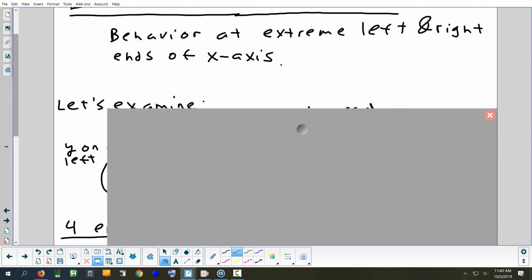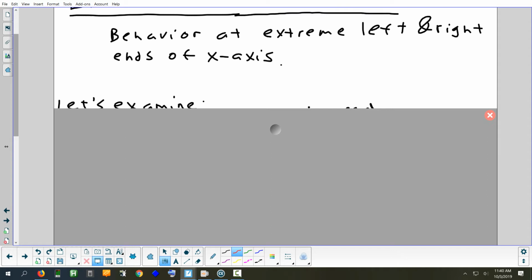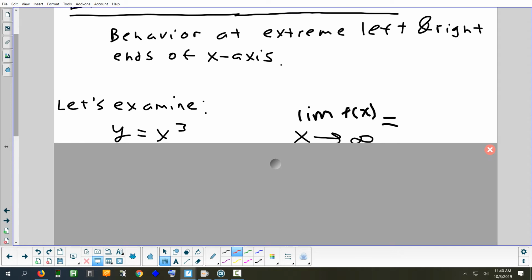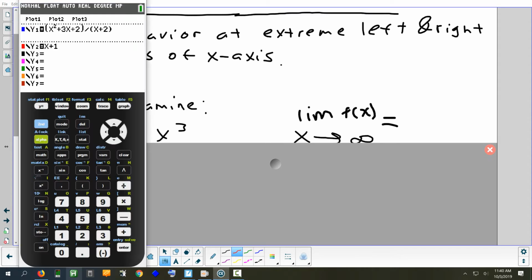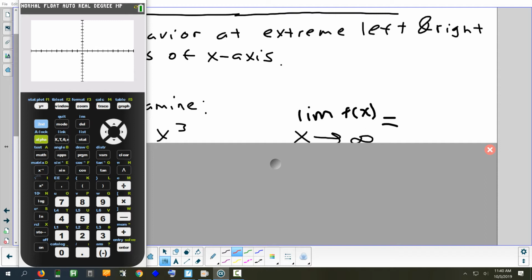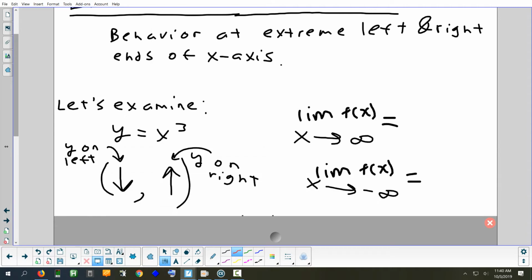So let's take a look at this one. Y equals x cubed. If you look at the end behavior of this one, what's happening on the left side? Pointing down. Right side? Pointing up. One way to describe it is like that.